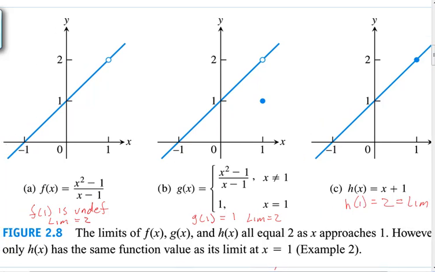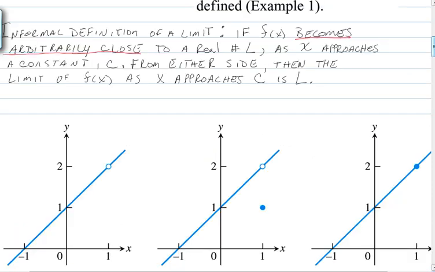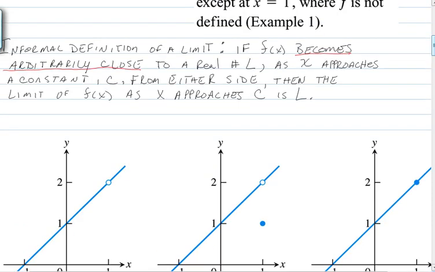Now, a limit is the value that y approaches. Let me pull back up the informal definition of a limit so we can see it right here. It says f of x is the y value, right? So this says that the y value is getting close to some real number.